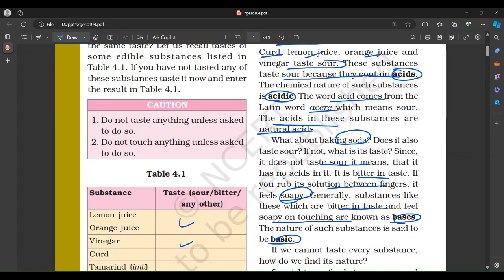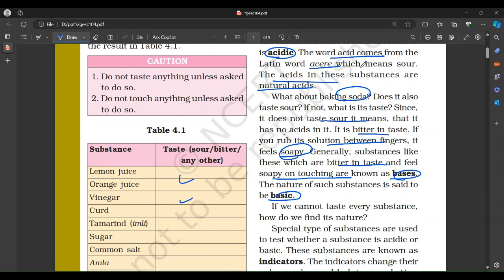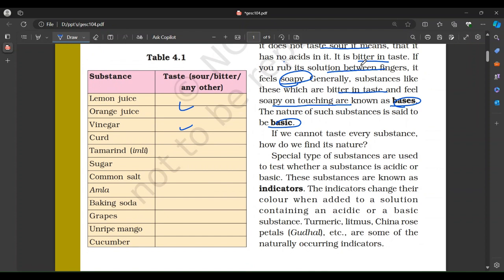So here we are going to understand the difference between acids and bases: an acid has a sour taste, while a base has a bitter taste. But we cannot taste every substance, so how do we find out the nature of a substance? Special substances are used to test whether a substance is acidic or basic.